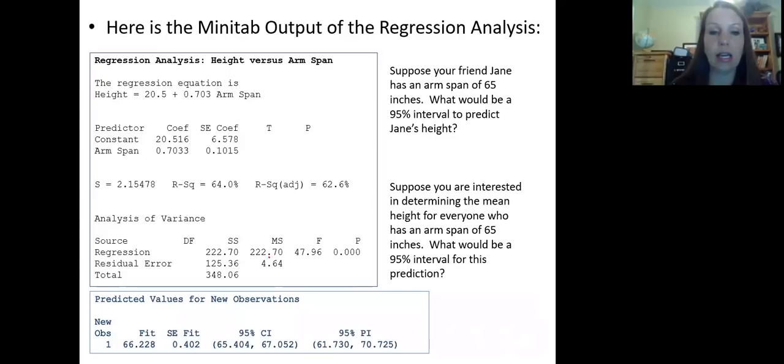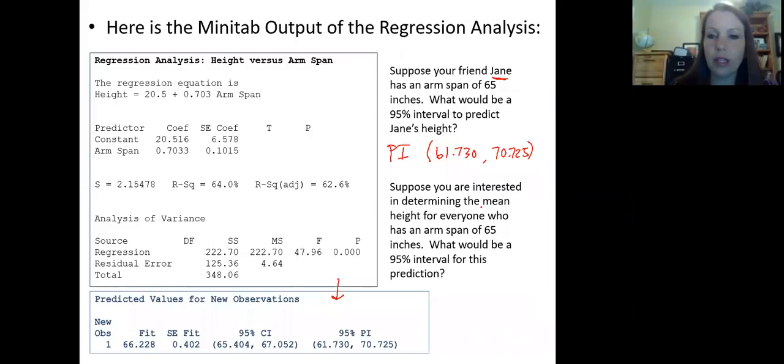So in Minitab, you could get the confidence interval and prediction interval. For an individual, we use the prediction interval, and for a mean, we use the confidence interval. So for the first question, Jane is an individual, so we would use the PI, which is 61.730 to 70.725.